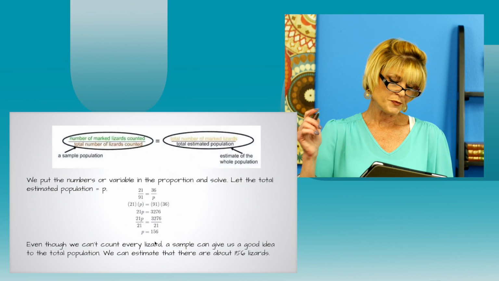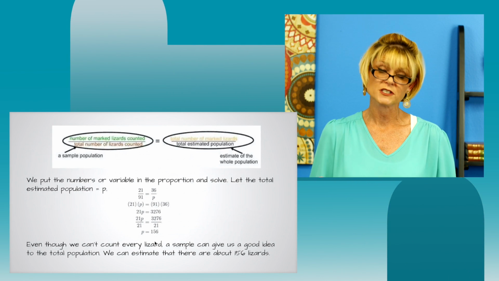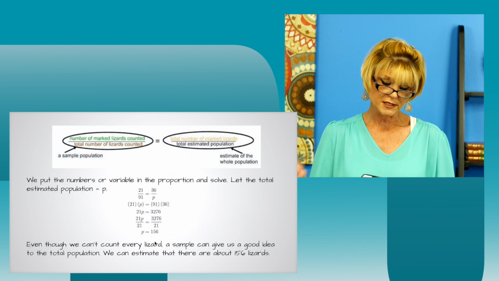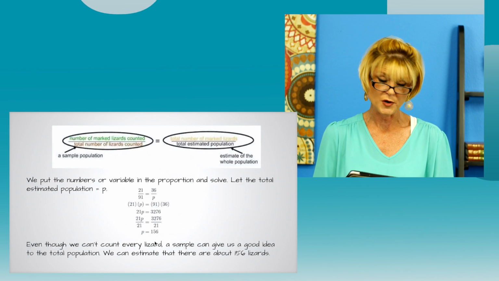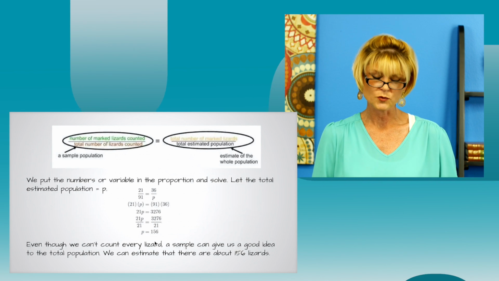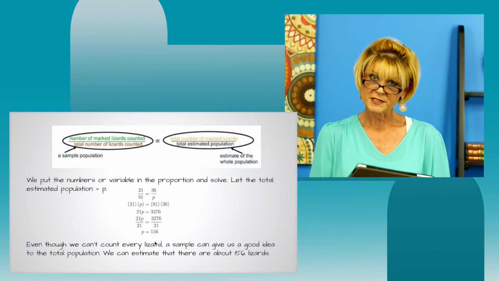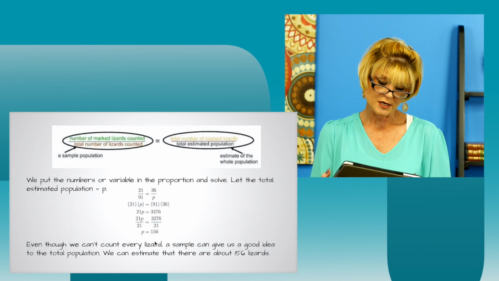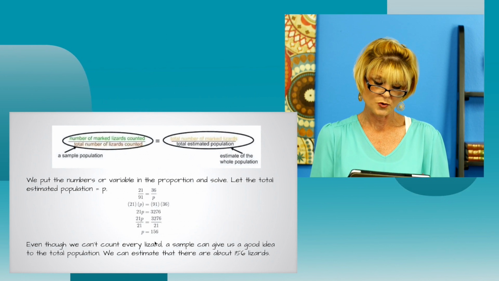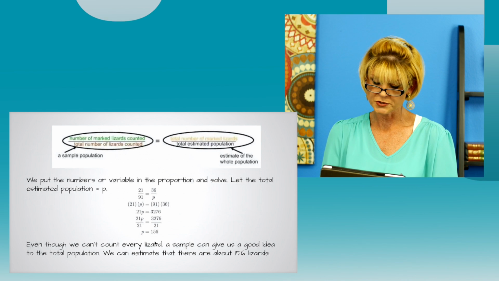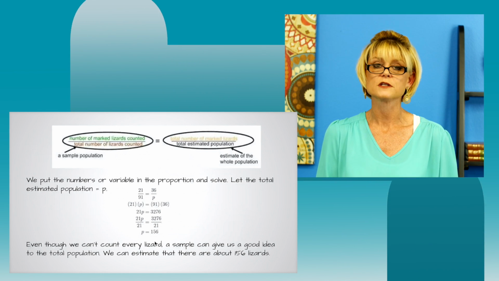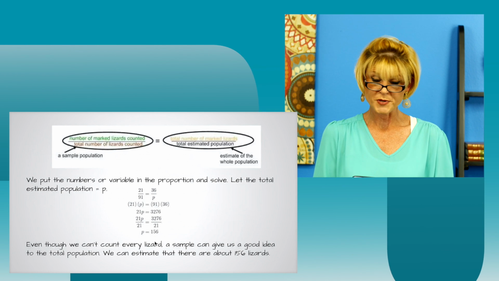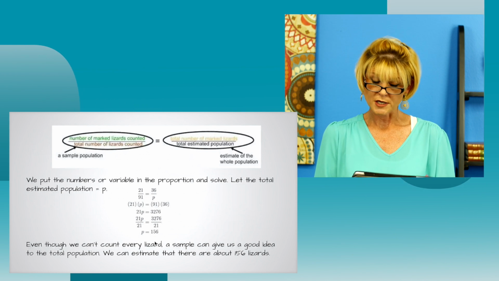Okay, so we put the numbers or the variable in the proportion and then we solve. We're going to let the total estimated population of lizards, what we're looking for, equal P. So when we set up that proportion, we have the number of marked lizards counted as 21, the total number of lizards counted, 91, equals 36, which is the total number of marked lizards, over P. And then we simply cross multiply.